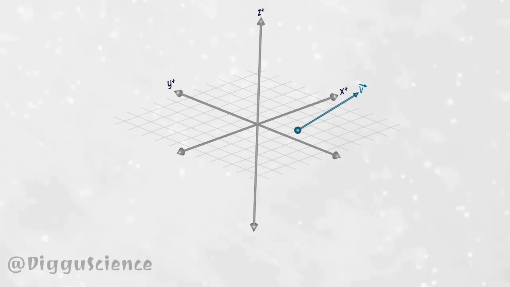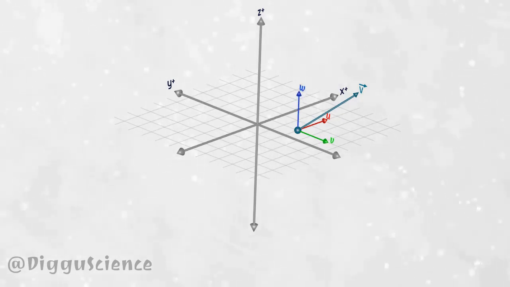Velocity is a vector quantity. In addition to having a magnitude, velocity also has a direction. Thus, velocity has vector components on the x-axis, y-axis, and z-axis. Let's say the velocity component on the x-axis is u. The velocity component on the y-axis is v.